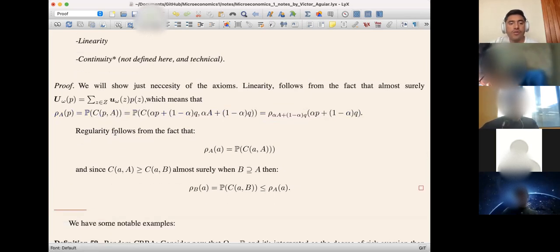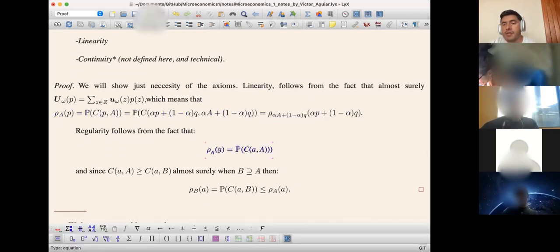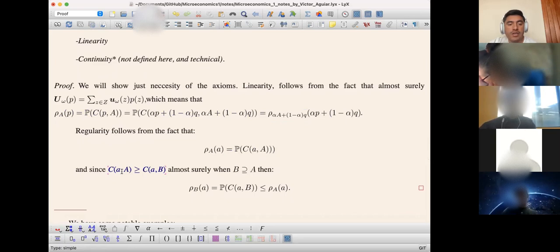Now, regularity follows from the fact that if I have the probability of choosing alternative A in capital A, this is the event of choosing A in A. Now, remember that this event is either 1 or 0. So either you choose A in the capital A menu, or you choose A in the capital B menu.